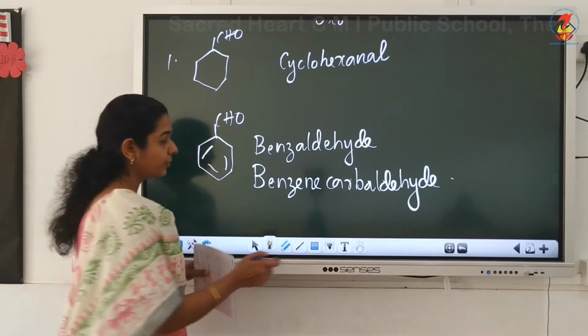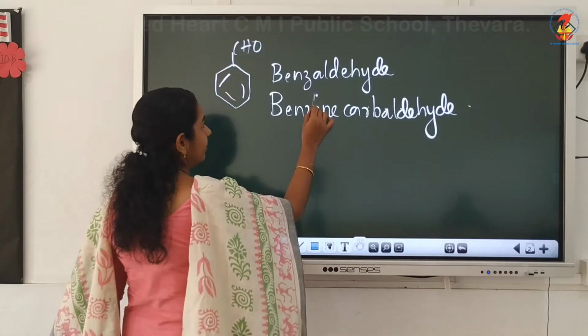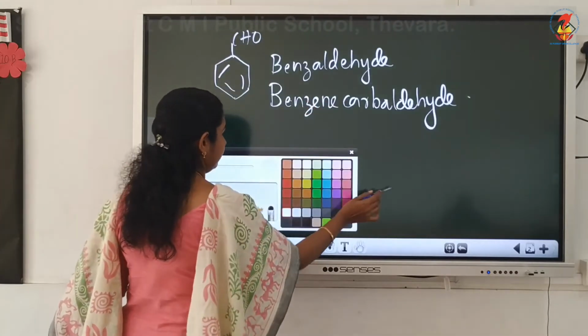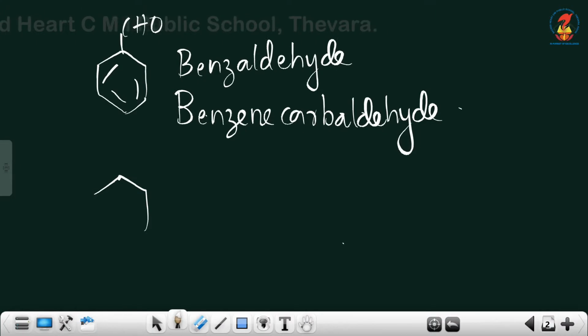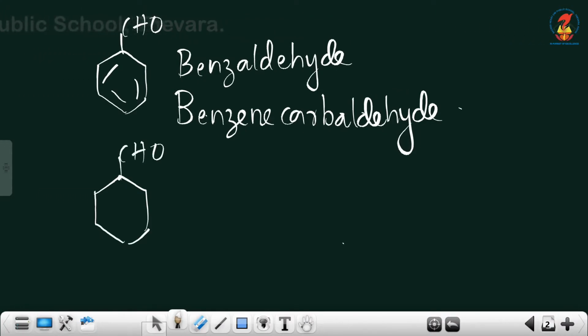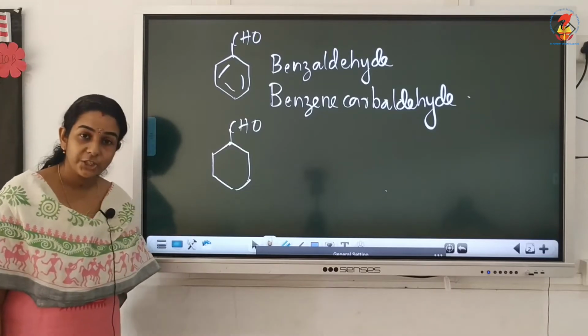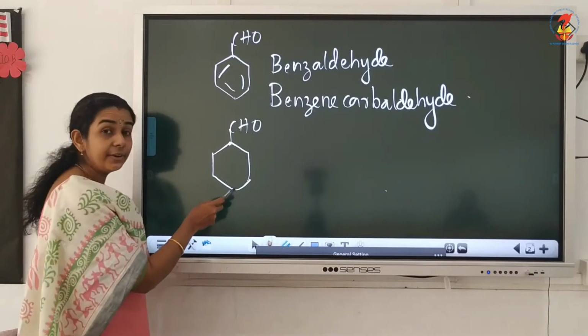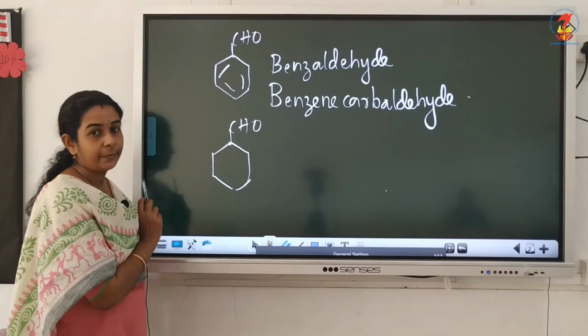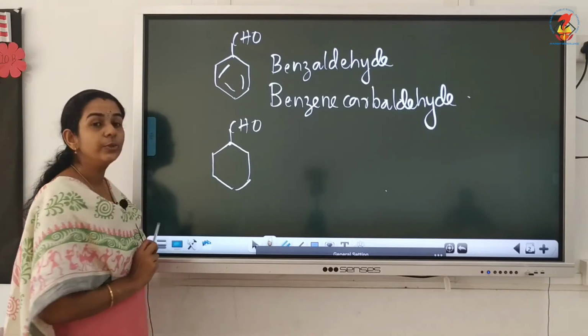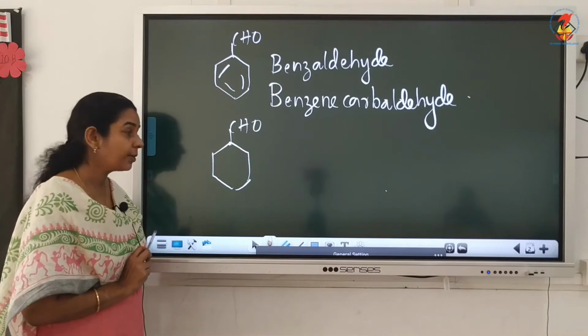Another example for such a system is this: how can we do the naming of this compound? Here also the CHO group is attached to a ring. What is the ring here? Cyclohexane ring, isn't it? So how can we write the IUPAC name of this compound?